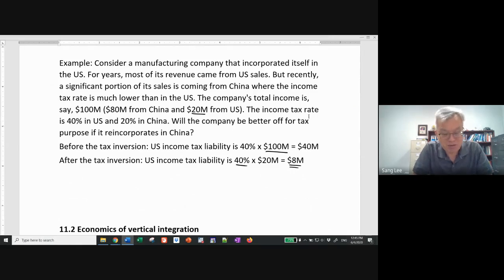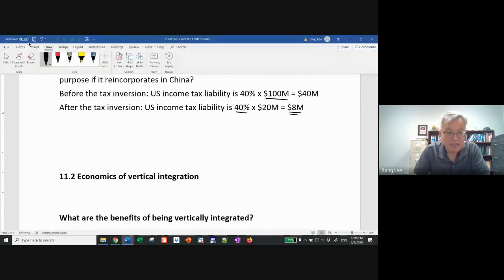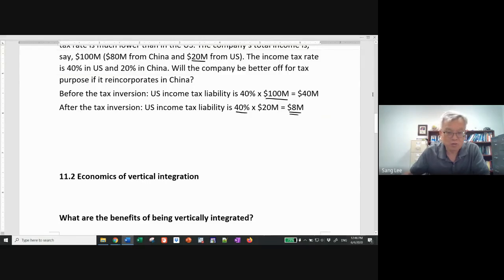Of course, the governments are well aware of such a practice, so they try to regulate it. So in April 2016, the U.S. government changed tax regulations.